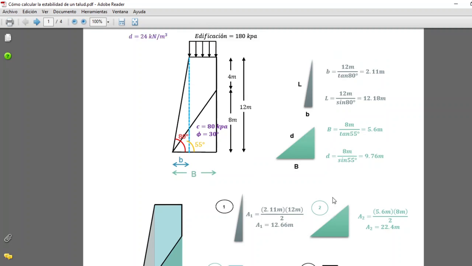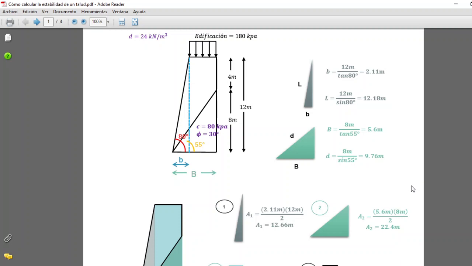For area 2, it's the same because it's the area of a triangle: base by height divided by 2.